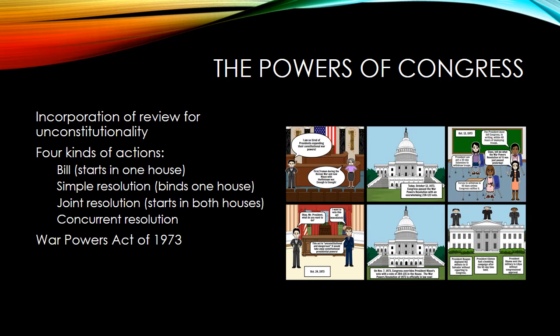And if you look at this little cartoon, it explains what the War Powers Act incorporated: that the president had to inform Congress about having deployed troops, Congress had the opportunity to force the president to withdraw troops, and presidents could get a 30-day extension. And then it shows you in the bottom right-hand corner of that particular cartoon the way in which presidents have kind of made an end run around the War Powers Resolution.